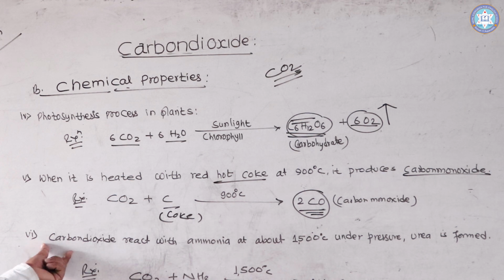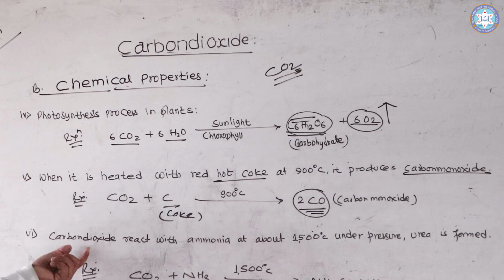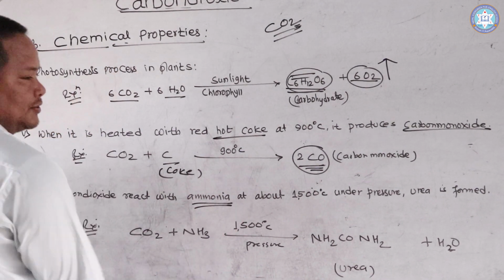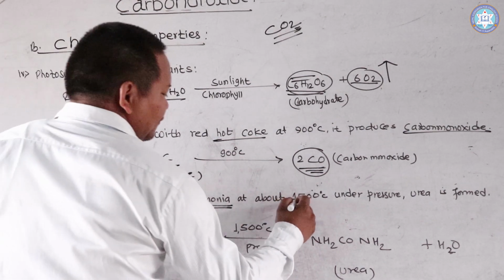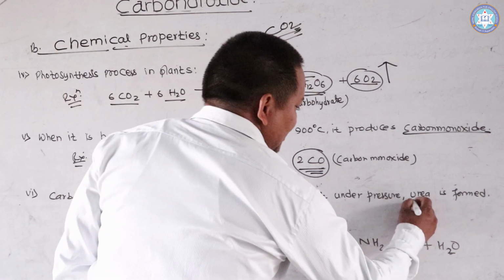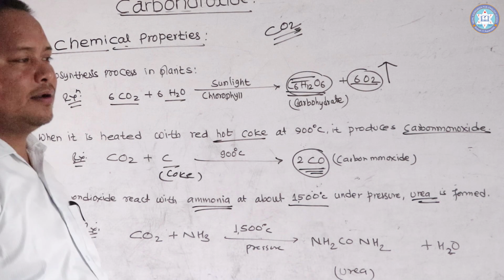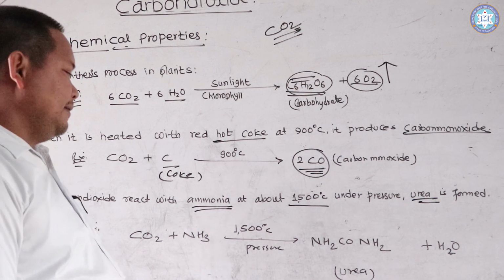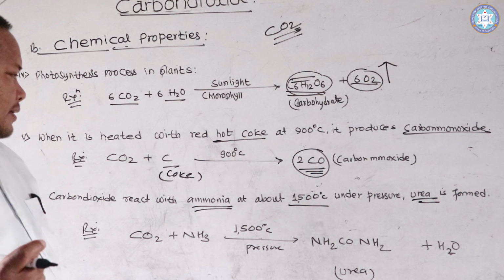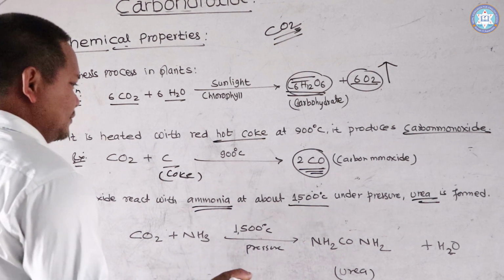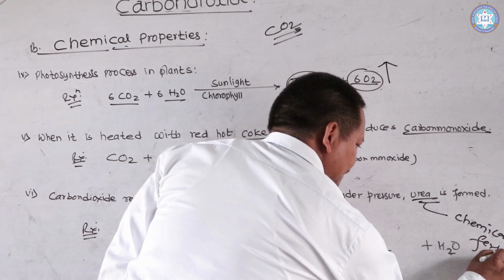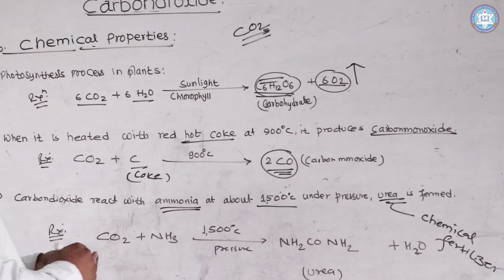And here the last chemical property is mentioned. Carbon dioxide reacts with ammonia, another gas, at 1500 degrees Celsius under certain pressure, then urea is formed. Urea is one of the chemical fertilizers, which we use on rice and maize as urea fertilizer.